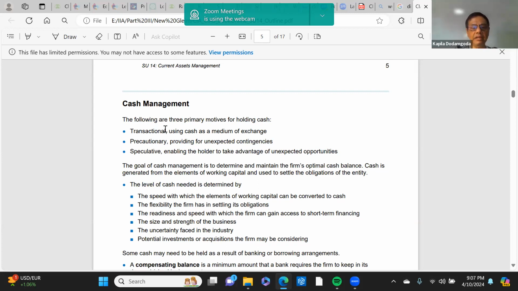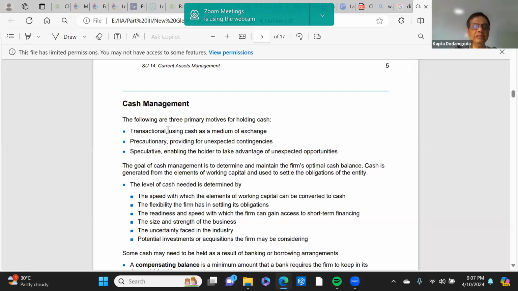On the other hand, there can be an unexpected contingency, right? Suddenly, we may have to settle a creditor, or we may have to buy some material. You may have a sudden demand or something like that, and to capitalize on that, as a precaution, you may need to have cash.